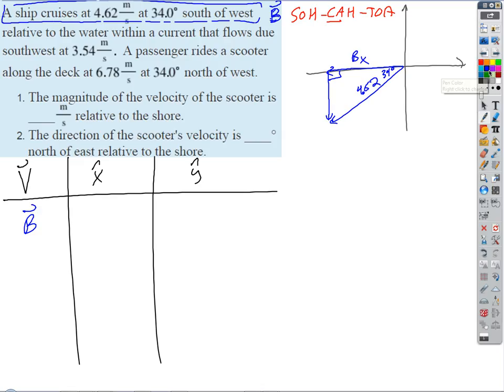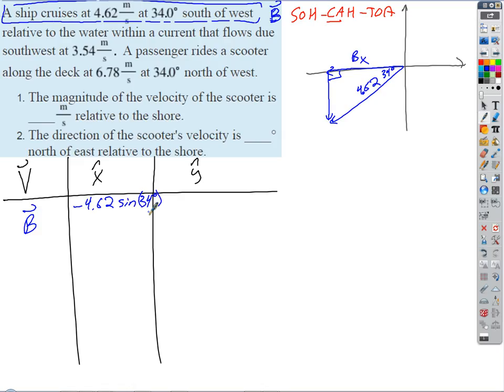We could write negative 4.62 times the cosine of 34 degrees, or what's our other option? Remember our trick: I don't even have to include the negative if I just take the whole angle from 0.